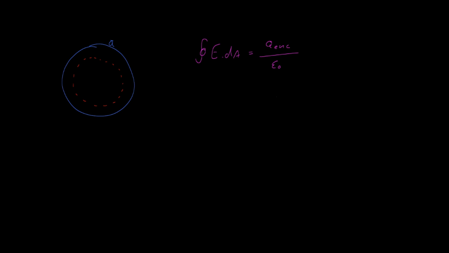If we just do this real quick, given the fact it's a uniform sphere, we can say EA, mustn't forget the vectors, equals Q enclosed over epsilon naught. In order to find the electric field, we divide by the area, and we get the electric field equals Q enclosed over epsilon naught 4 pi r squared.